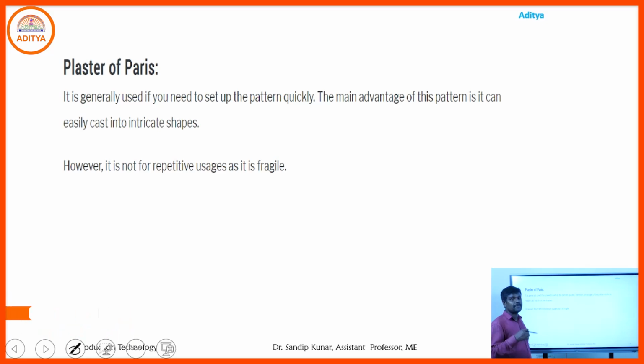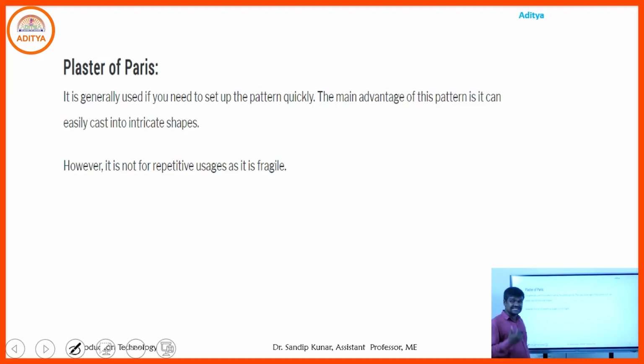Intricate shape means any type of complex shape, which we can easily produce using plaster of Paris material. And using that intricate shape we can easily prepare different complicated casting products also.